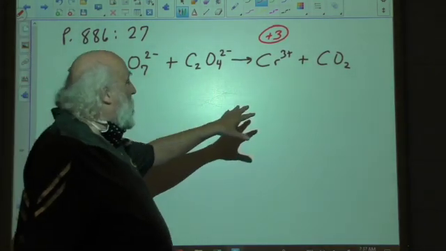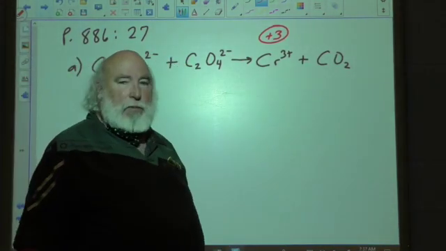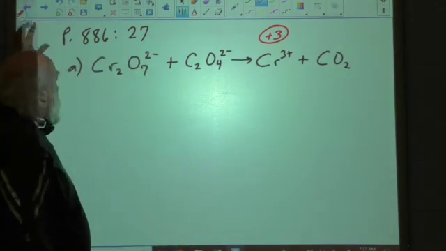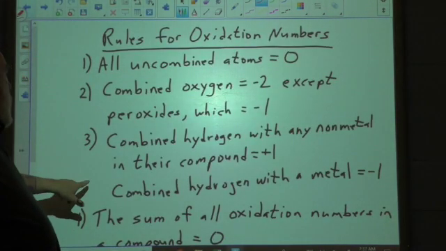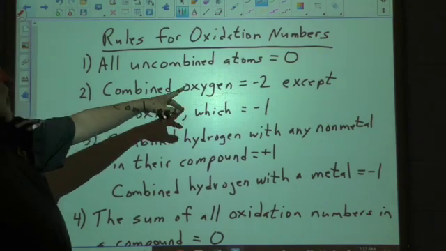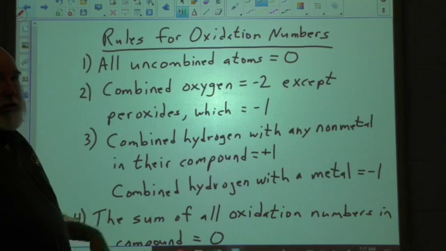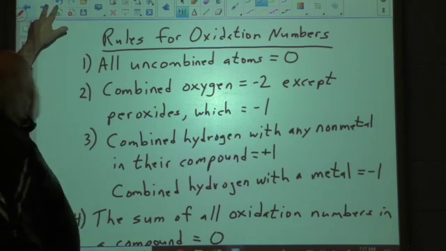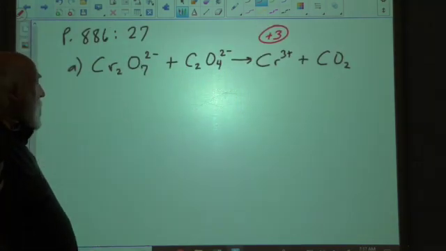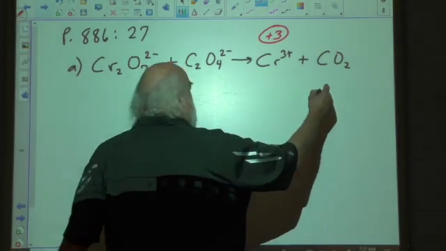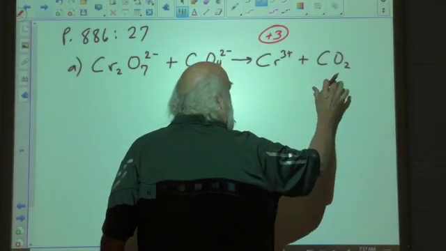Now we come over here, and here's carbon dioxide. Rule number 2 says combined oxygen is -2, except peroxides. And we're not going to deal with peroxides until we get to the second of the redox reaction lessons. So we know that oxygen is -2. We're going to treat this like a little algebra problem.